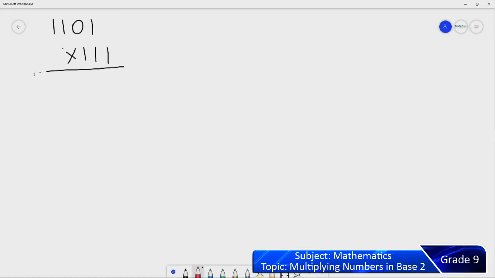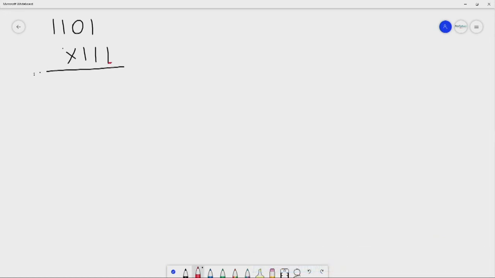So to begin, we start with the digit that is furthest to the right. So 1101 multiplied by 1 would just give us, we have to rewrite it.